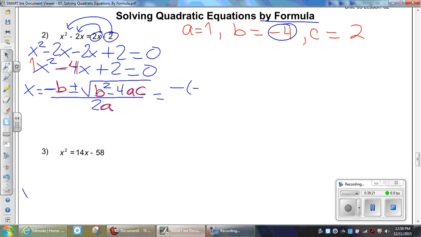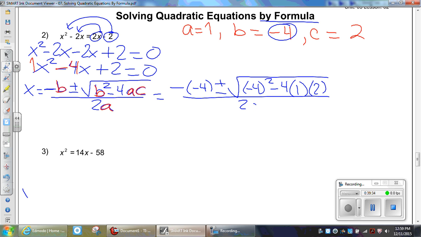So negative times negative 4 plus minus the square root of negative 4 squared minus 4 times a, which is 1, times c, which is 2. From here, everything is divided by 2a. So I'm going to reduce this expression by multiplying negative times negative, that's positive, so positive 4 plus minus. Inside the radical, we have negative 4 squared, that's positive 16, minus 4 times 1 times 2, so that is equal to 8. Everything divided by 2.